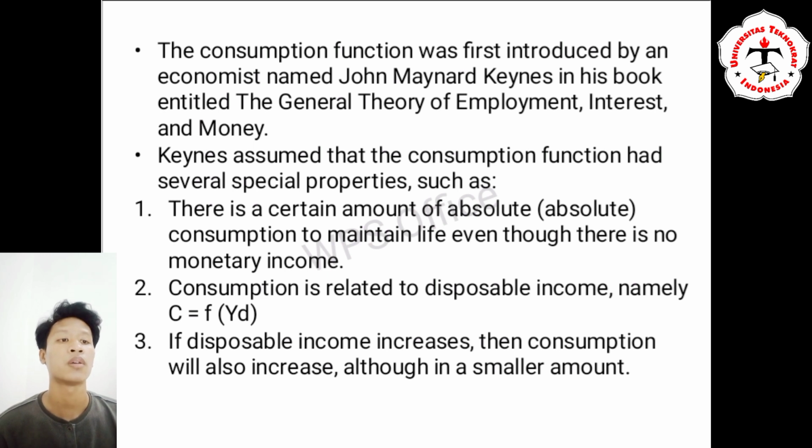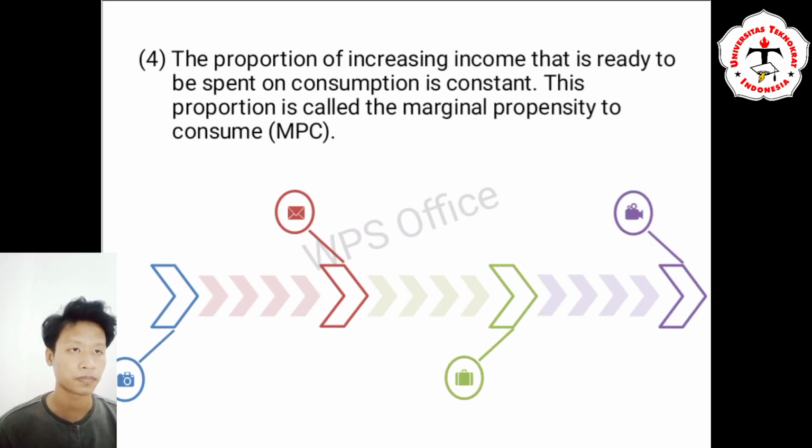Third, if disposable income increases, then consumption will also increase, although in a smaller amount. Four, the proportion of increasing income that is ready to be spent on consumption is constant. This proportion is called the marginal propensity to consume, or MPC.